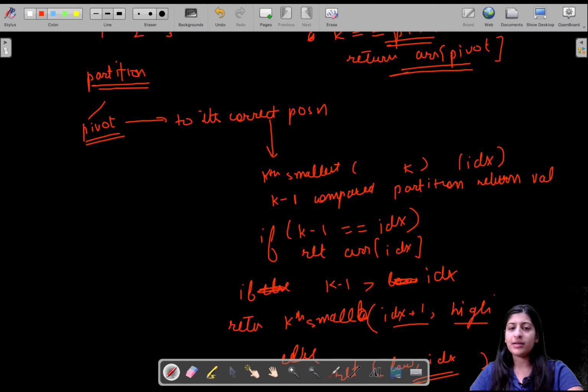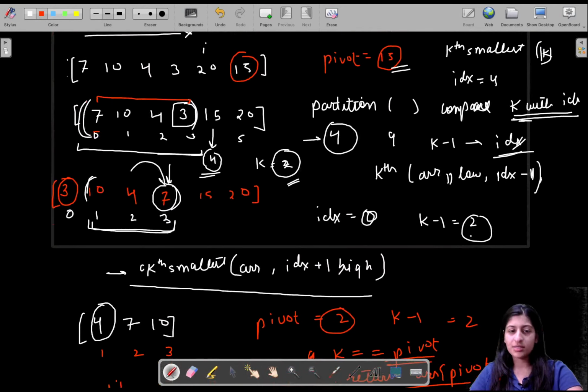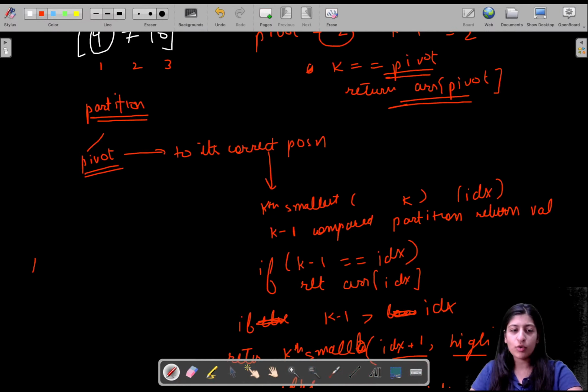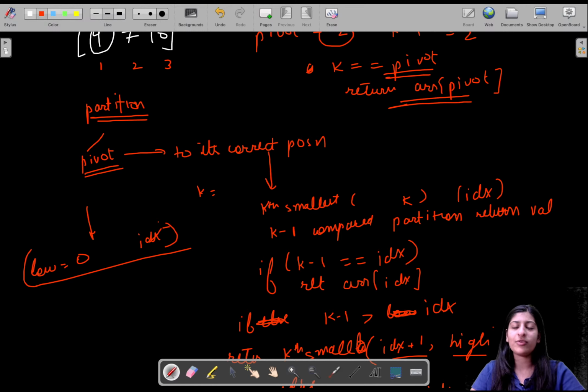Also, one thing that I wanted to tell you is, when you are processing over this part of your array, that means when your low is 0 and there is some idx, that is the window size of your array which you are processing. Obviously k is within this window only, that is why we are processing.